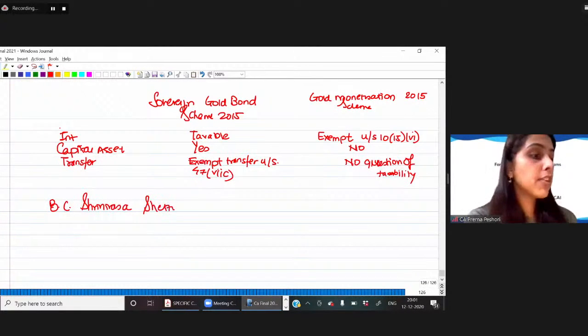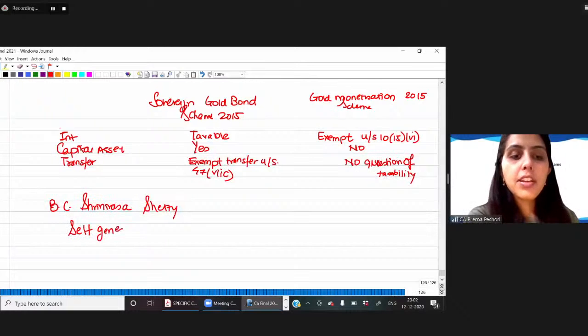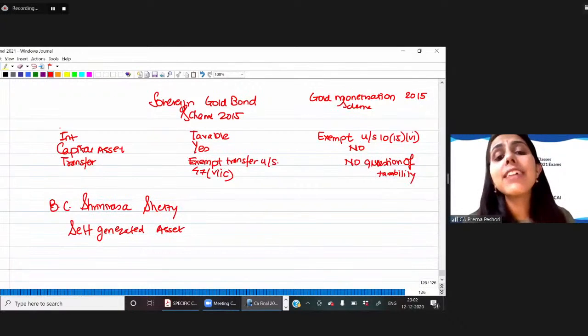So, in this particular case, the Supreme Court was dealing with a case of intangibles or trademarks. Now, intangibles or trademarks are self-generated assets, like goodwill. So, they do not have any cost paid like other movable, immovable assets, like other tangible assets.